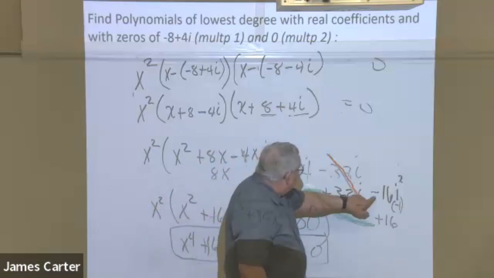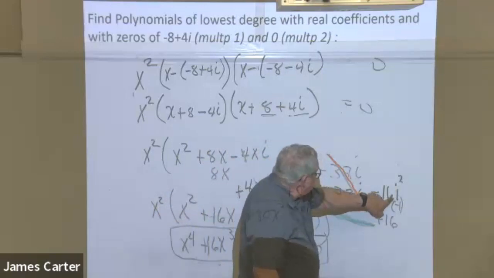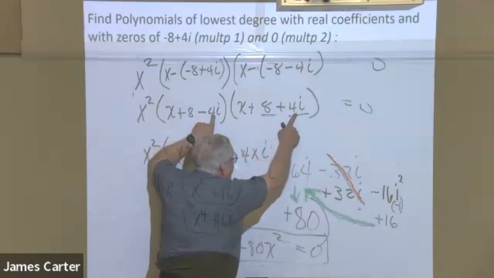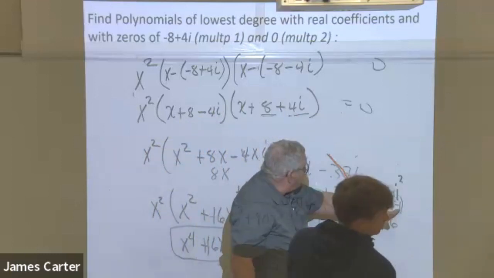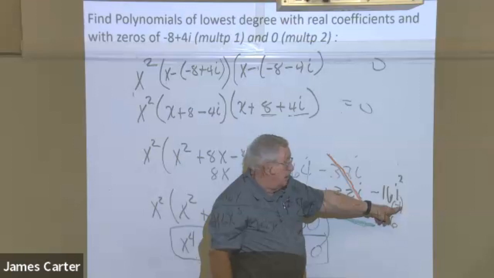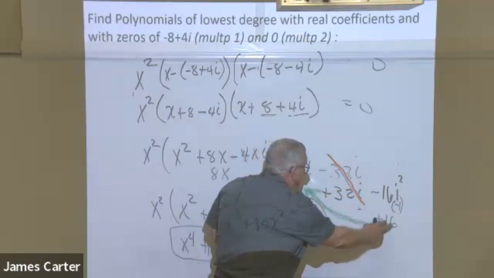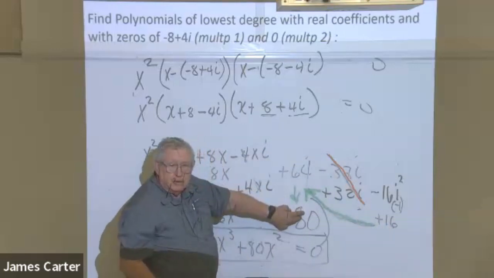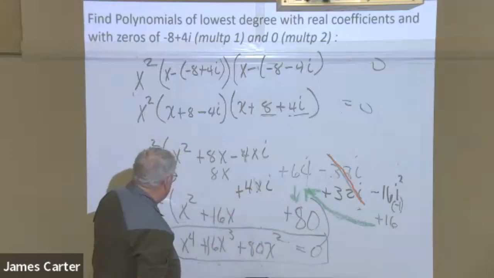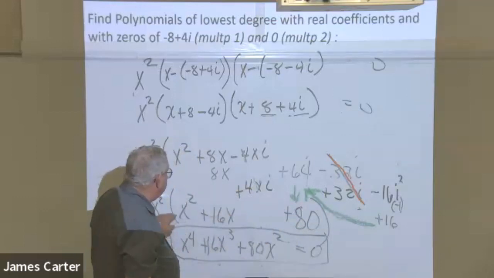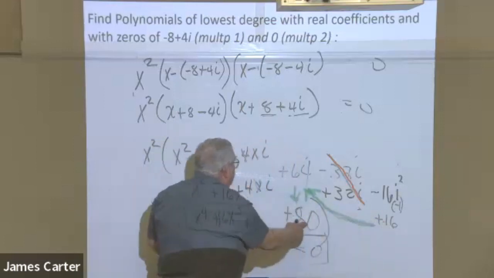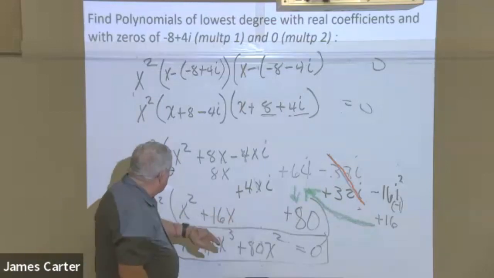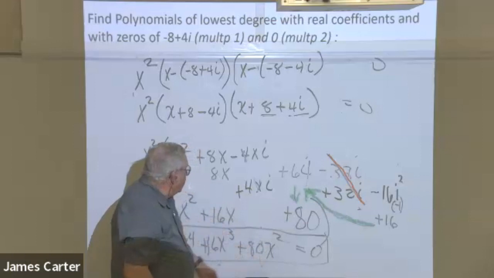And out here on the very end, I had a negative 16i squared, which I had to convert, making it positive 16. So this positive 16 mixes with this 64, and the 16 and the 64 make the 80, I should say. I misspoke that before. So I've got x squared plus 16x plus 80.